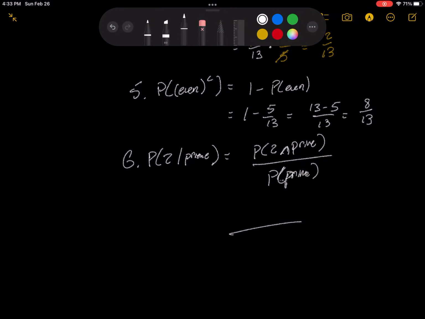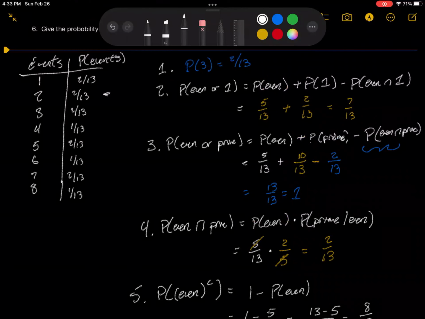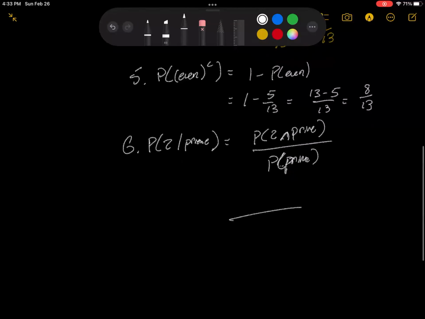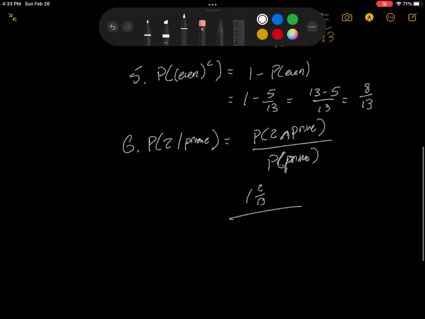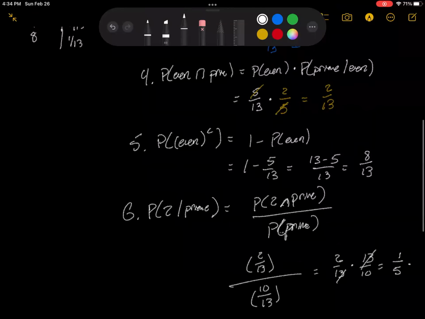So the probability of 2 and prime, well, that's just this 2/13. And the probability of prime was 10/13. So if we simplify this, we get 2/10 or 1/5. So the probability of 2, given that you're prime, is 1/5.